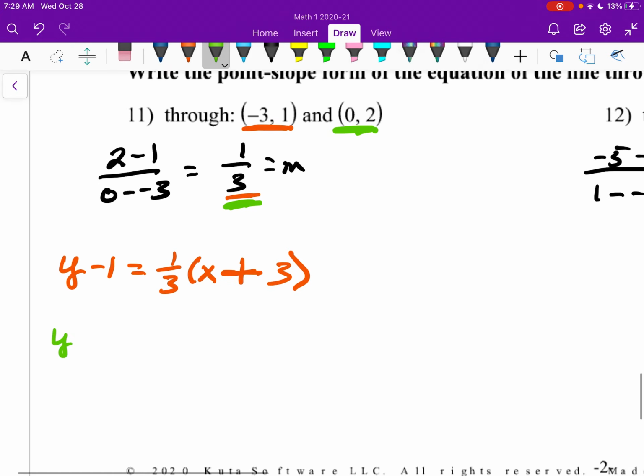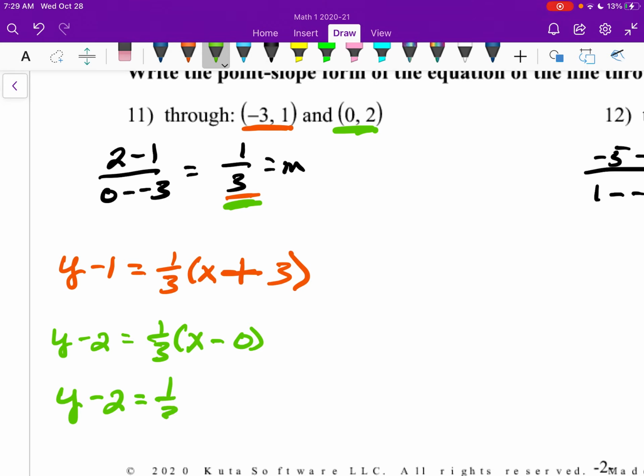So I'm going to have, well, y minus 2 equals 1/3 x minus 0, which is the same thing as y minus 2 equals 1/3 x. Okay. Either of this one or this one are good answers. Normally, like I said, multiple choice questions will start with the first point listed. But if it's not listed, go back and do it with the second point.